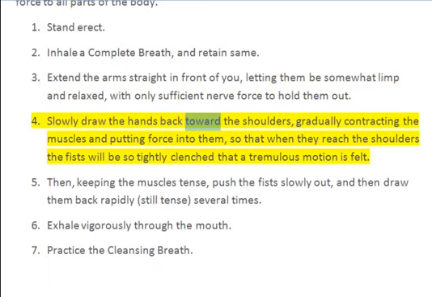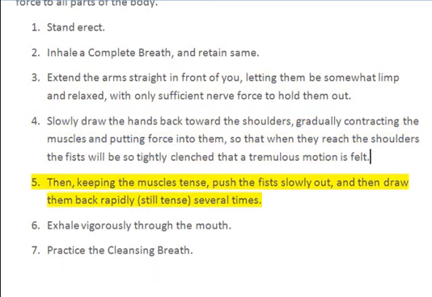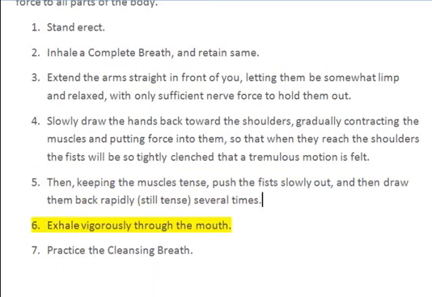Slowly draw the hands back toward the shoulders, gradually contracting the muscles and putting force into them, so that when they reach the shoulders the fists will be so tightly clenched that a tremulous motion is felt. Then, keeping the muscles tense, push the fists slowly out, and then draw them back rapidly, still tense, several times. Exhale vigorously through the mouth.